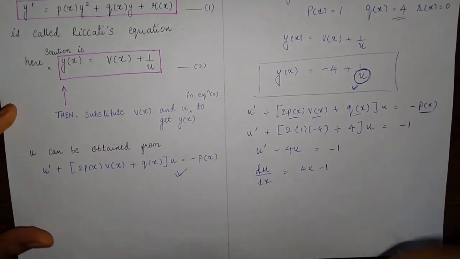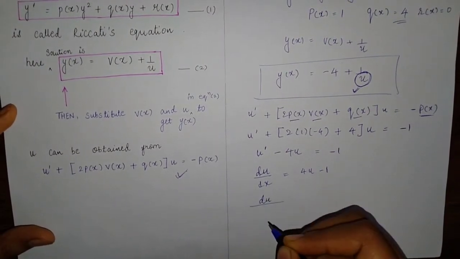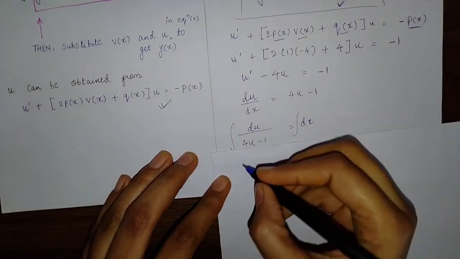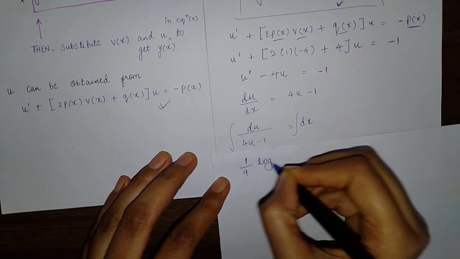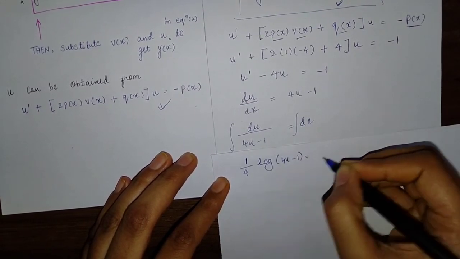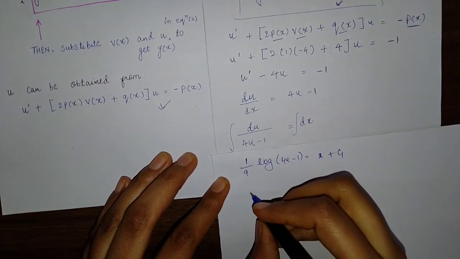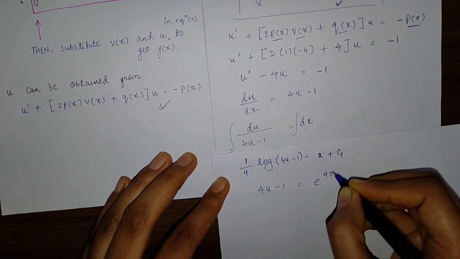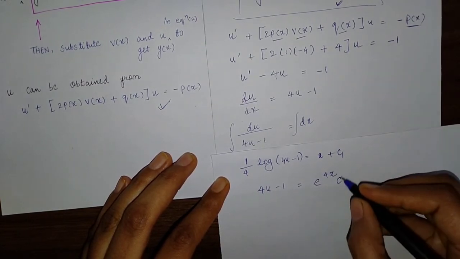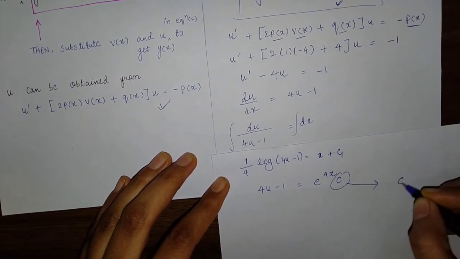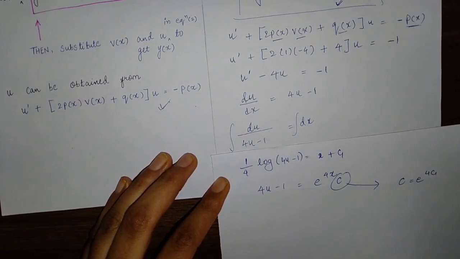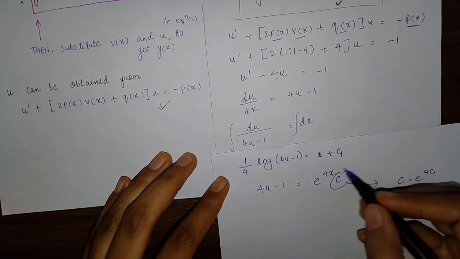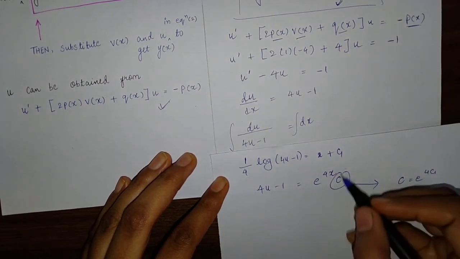Okay. Now if I take the u term here in the denominator, then I will get like this. So now integrating both sides, we will get 1 by 4 log of (4u minus 1) equal to x plus c1. So if I remove the log, I can write 4u minus 1 equal to e raised to 4x into c. But c is nothing but e raised to 4c1. In place of e raised to 4c1, I am writing c.